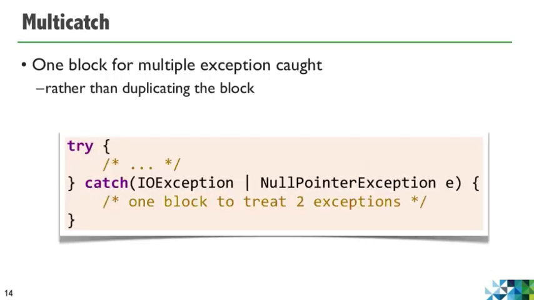Let's continue with the Project Coin enhancements. With the multicatch block, when you have a try-catch block, sometimes there are different exceptions that can be thrown that are not necessarily inheriting from a common base class, well, besides Throwable or Exception, obviously.